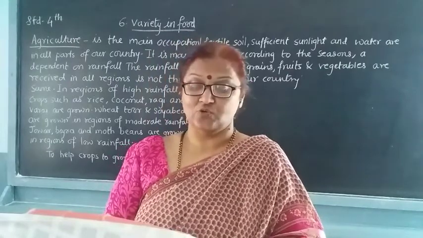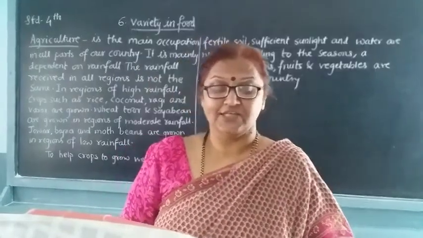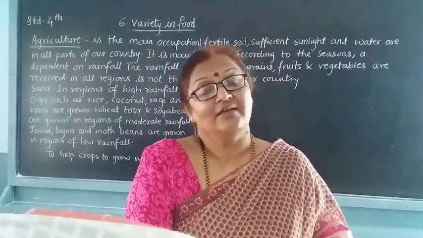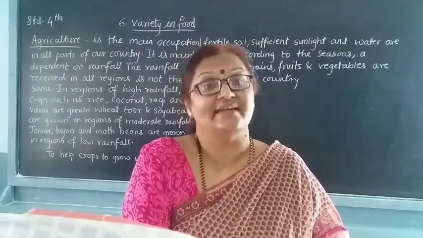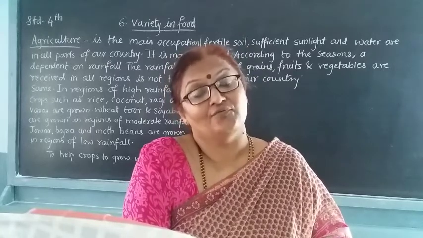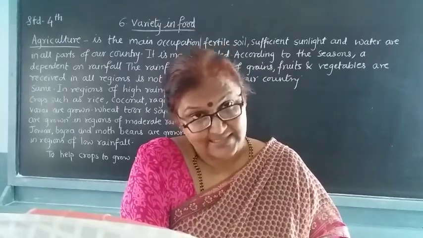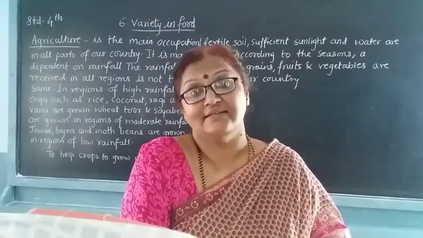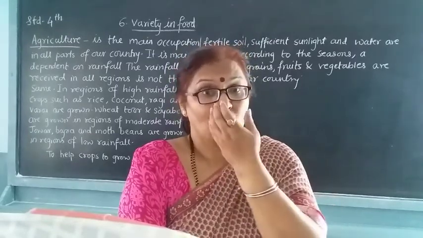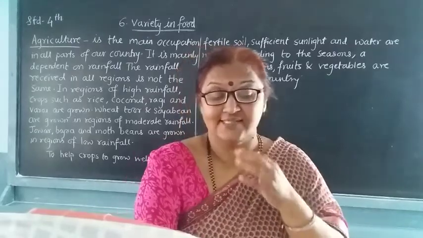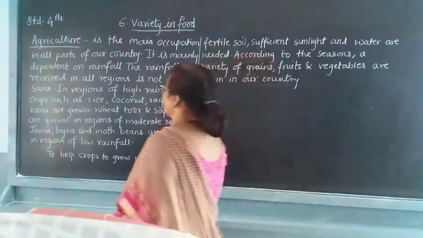Why is this so? We know that the temperature is very suitable, and whatever temperature is needed for the cultivation of rice, in such a region only such types of crops are grown. Then see the next one, agriculture.